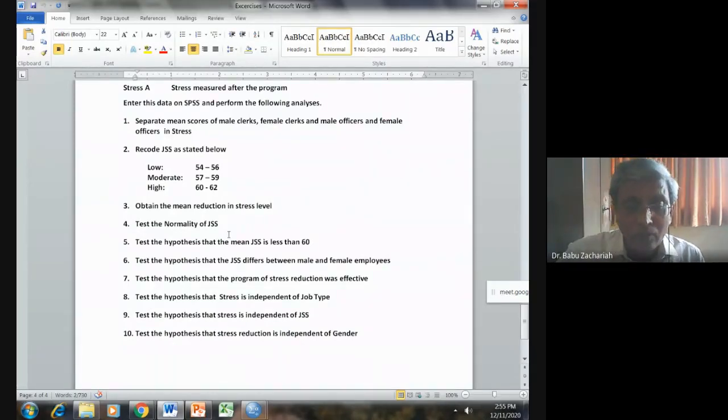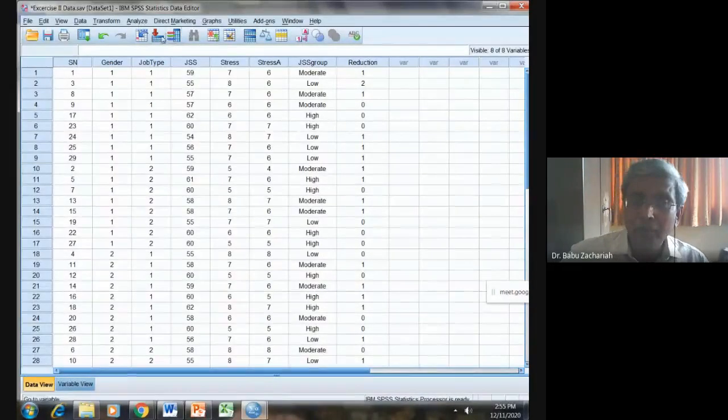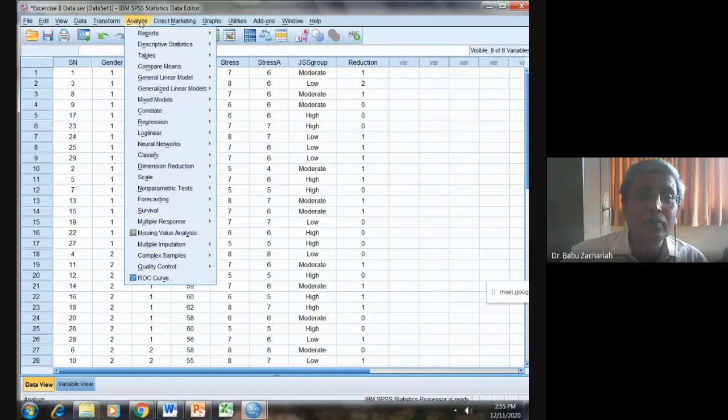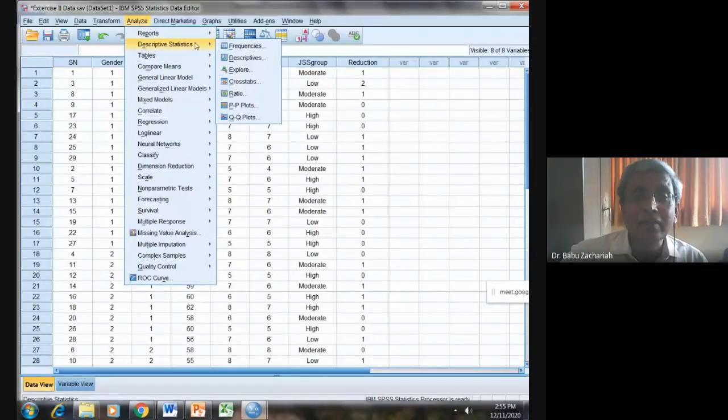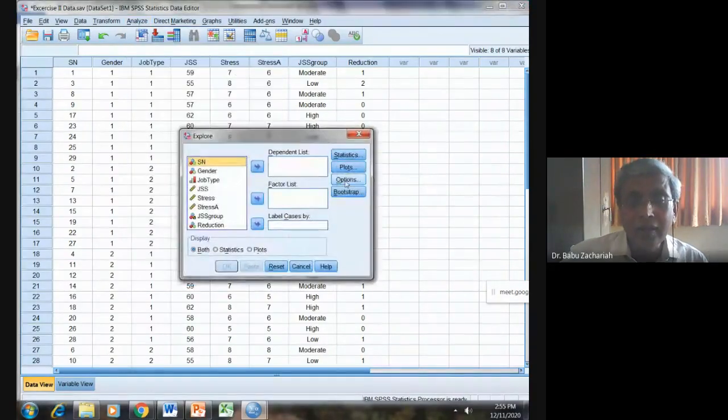So I'm going to this SPSS window. For testing normality, the procedure is very simple. Come to Analyze, Descriptive Statistics, and Explore. This is the navigation. Here I want to test JSS, its normality.